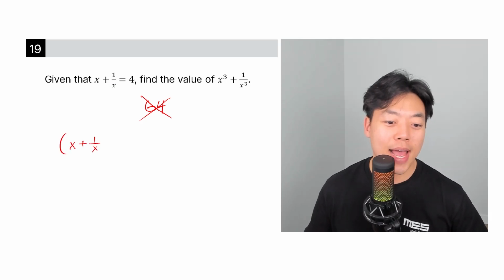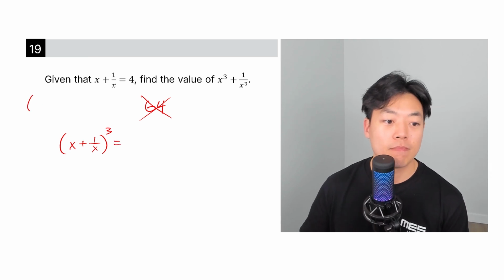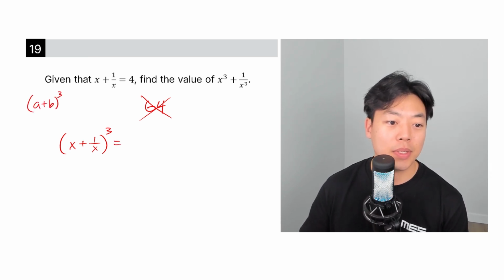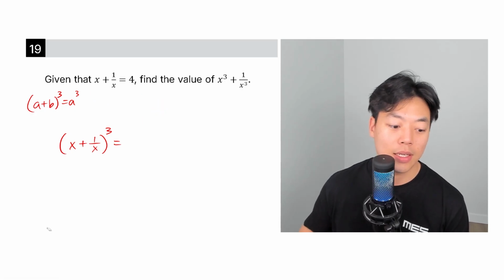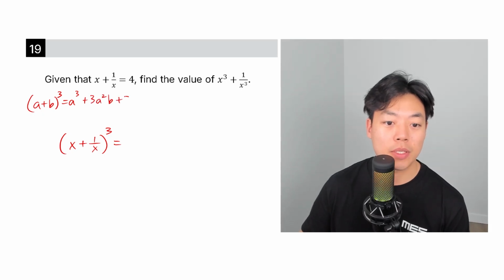If we have x plus 1 over x cubed, this will be, let's write it out right here, a plus b cubed is a cubed plus 3a squared b plus 3ab squared plus b cubed.